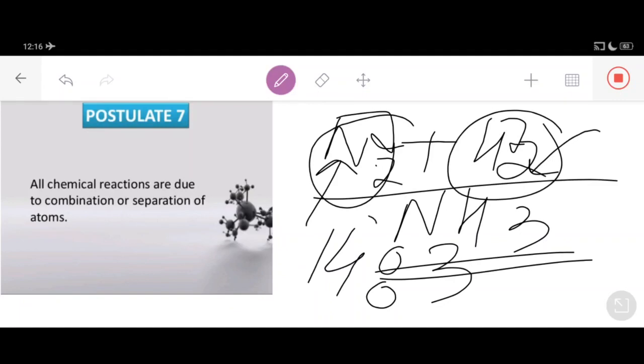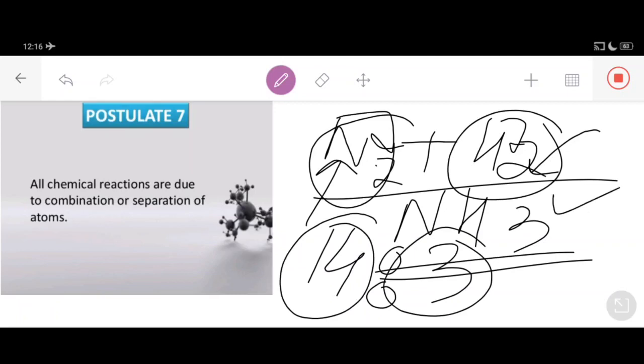This whole number ratio 14:3 means that whenever there is a formation of ammonia, and ammonia is always formed by a process known as the Haber process.